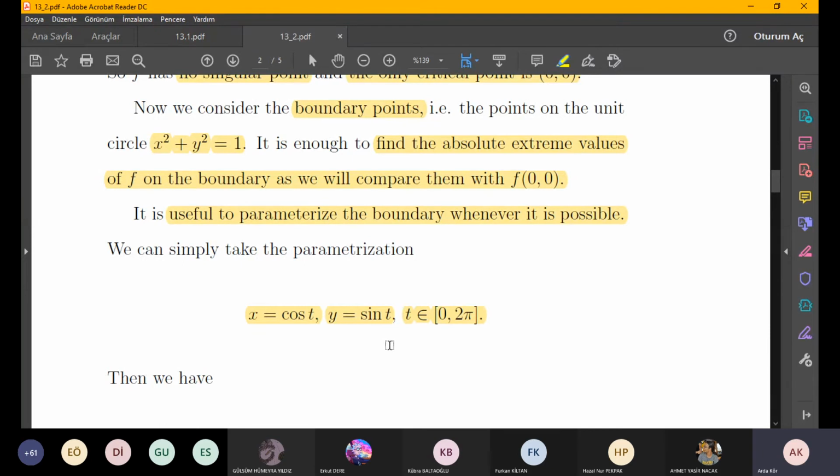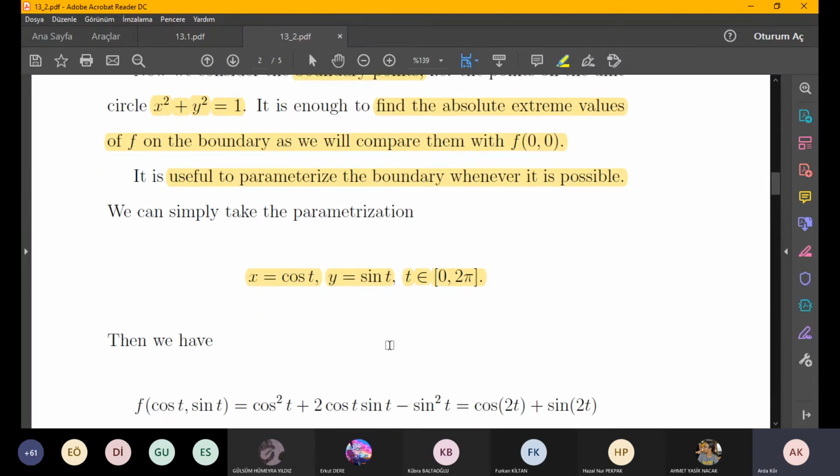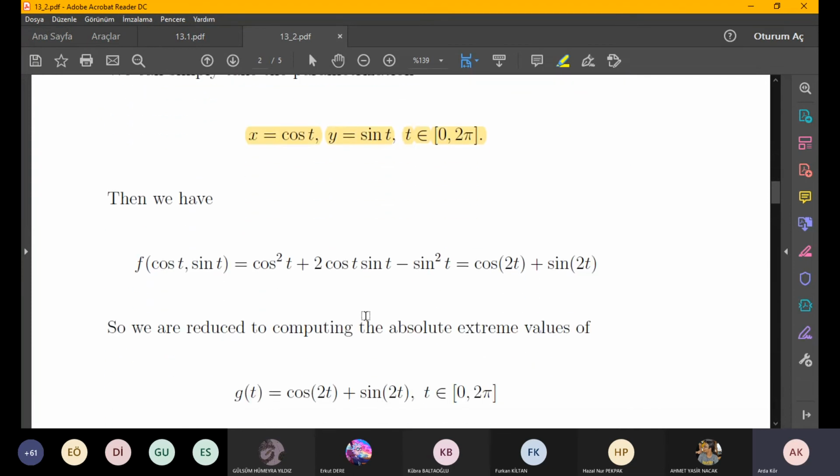Now we will again parameterize the function f(x,y) in terms of t. By that parameterization, f(x,y) will be f(cosine t, sine t). Writing the function in terms of t, it will be cosine squared t plus 2 cosine t times sine t minus sine squared t, because the function is x squared plus 2xy minus y squared.